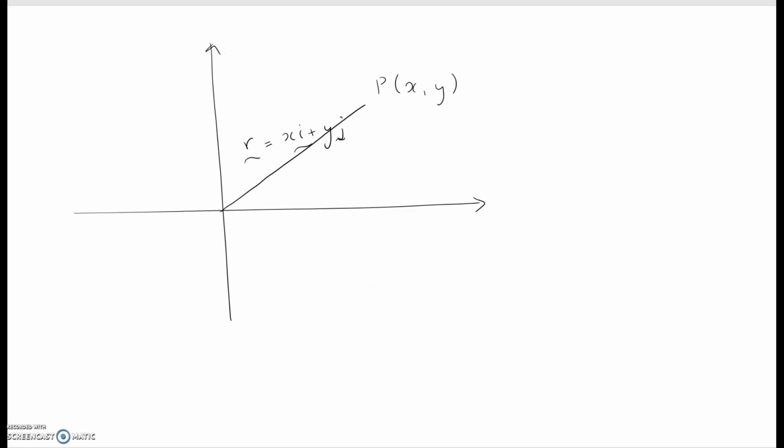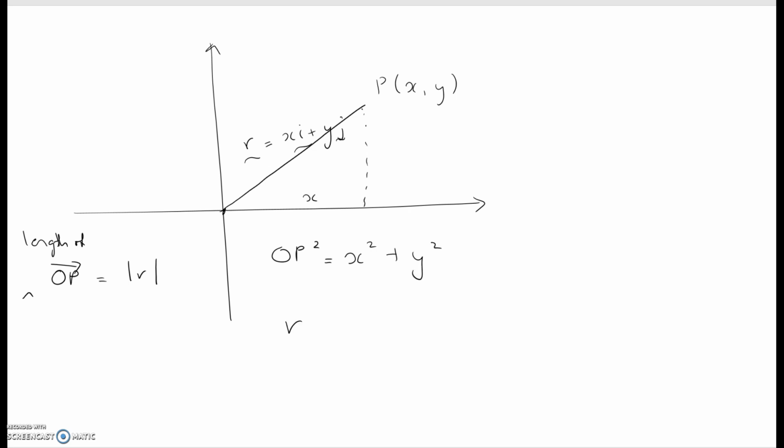From the earlier vectors, we can remember about finding the length. So in this case, the length of vector OP, if we call it r, the length of OP, then we can use Pythagoras' theorem to say that r squared is going to be x squared, because this length is x, plus y squared.